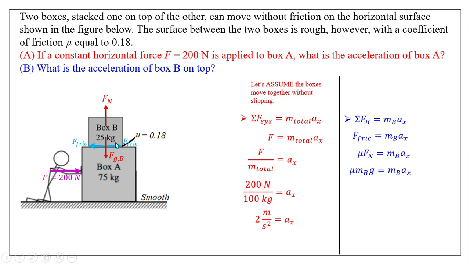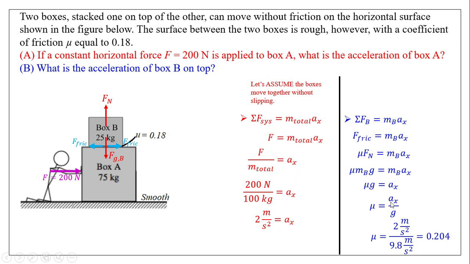To find F_n, you count only what's sitting on top of that surface, which in this case is the 25 kilograms, mass B. But notice here, m_B cancels out again, because it appears on both sides. So to find the coefficient needed in order to accelerate at 2 meters per second squared, it would be 0.204.